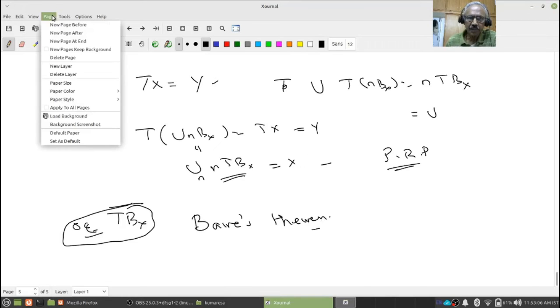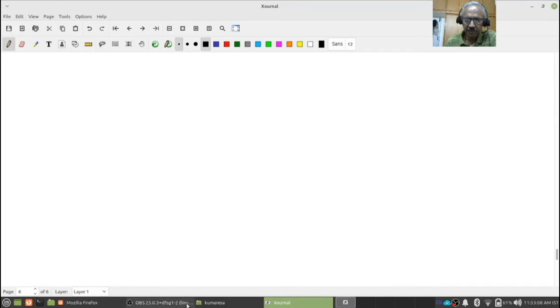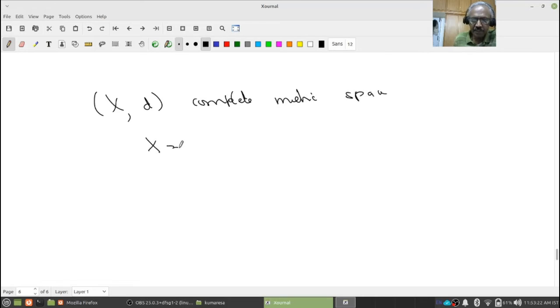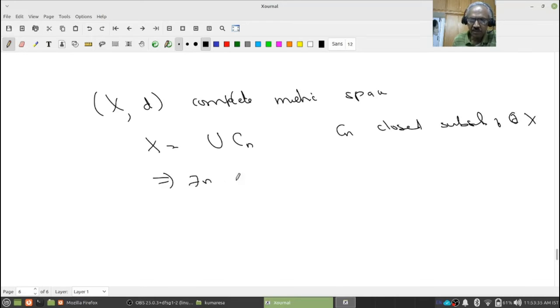So let us recall Baire's theorem. What does Baire's theorem say? Suppose (X,d) is a complete metric space, and if you write X as a union of C_n, where the C_n are closed subsets of X, then there is an n so that C_n has non-empty interior.